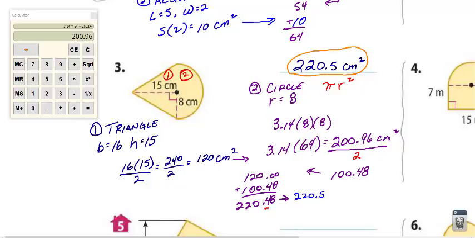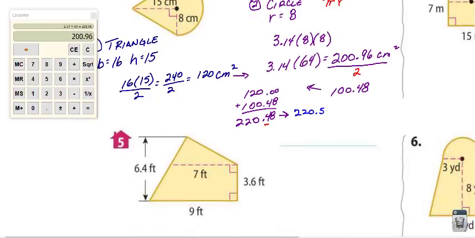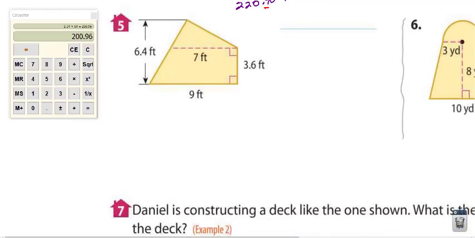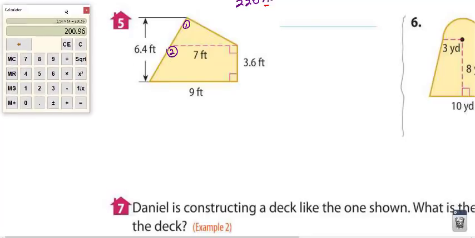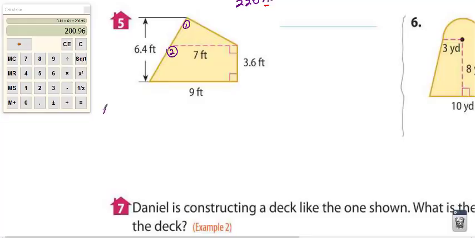Okay, so let's take a look at question number 5. So when I look at number 5, I see that I have 2 shapes. I have a triangle and I have a trapezoid. So let's work on the triangle first.